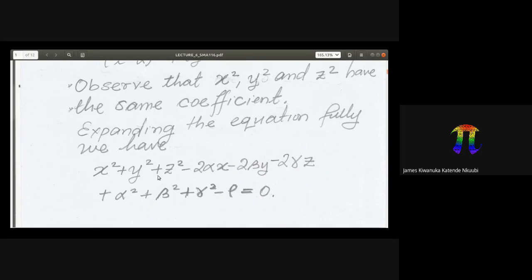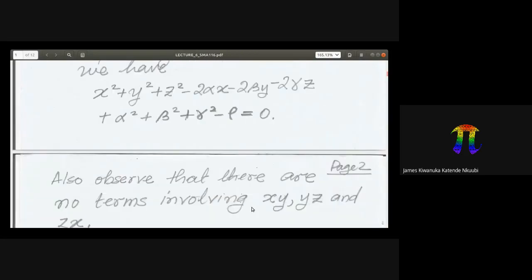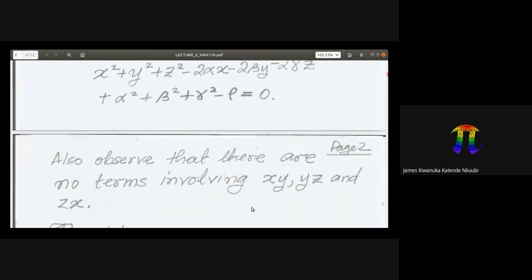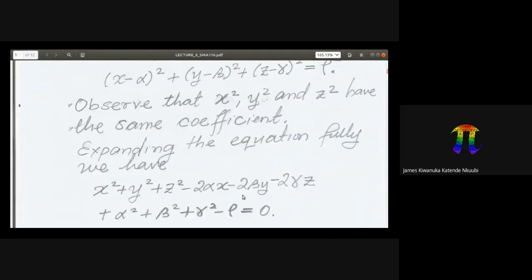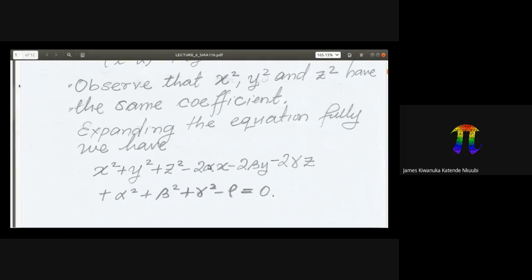They can be different from 1, but even if they are, they should be the same. We shall see examples where the coefficients are not 1 later. Also, you observe that after the expansion, you don't have any cross product terms.